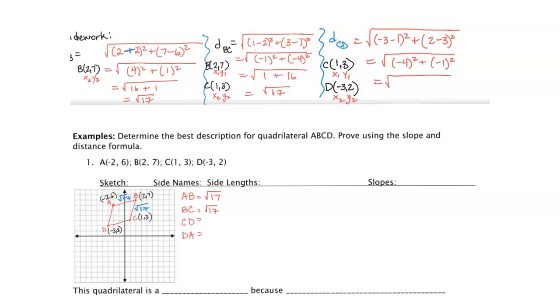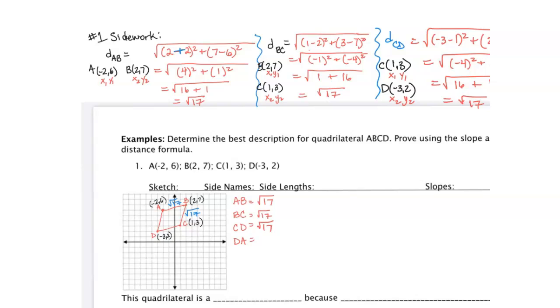So we have the square root of negative 4 squared is 16, plus negative 1 squared is 1. So 16 plus 1 gives us 17. So this is the square root of 17. So we have CD is also the square root of 17. So we have a third side whose length is the square root of 17.